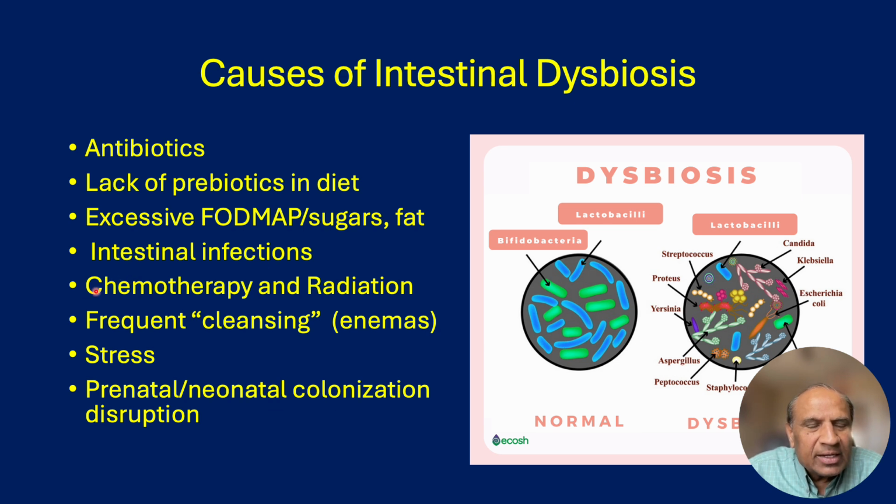Then other ways these bacteria may be killed are chemotherapy for cancers and radiation treatment for cancer. Another one is you may clean out the intestinal tract completely from top to bottom by cleansing type of procedures people do. Many times these are enemas they take rectally, and that will remove not just the stool but also the bacteria and the mucus layer.